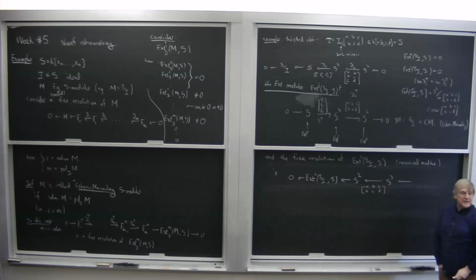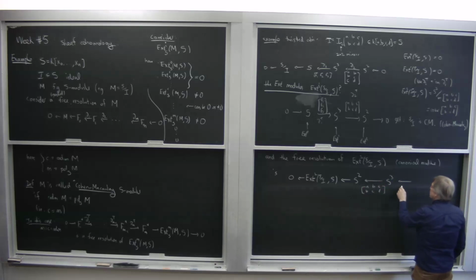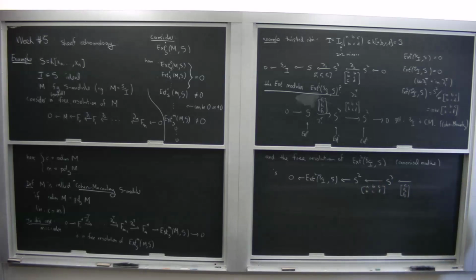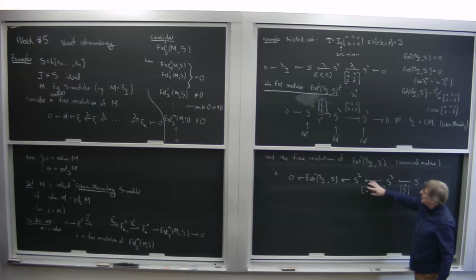Well, by the Ext being 0, the kernel of this is, in fact, the polynomials f1, f2, and f3, where f1 is this determinant, bd minus c squared, f2 is negative of that determinant, and so on. Okay? And this goes to S^1, or S, and that's it. So this is the free resolution, and we could do it with grading as well.